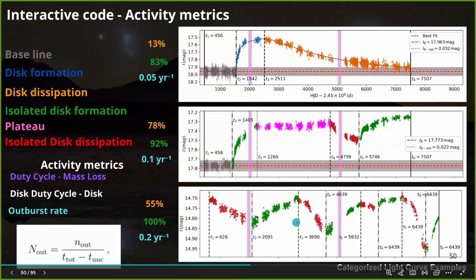And in the last, it happens 4 times. So mass loss was turned on here, here, here, and here. So its outburst rate is a bit larger than the previous one.